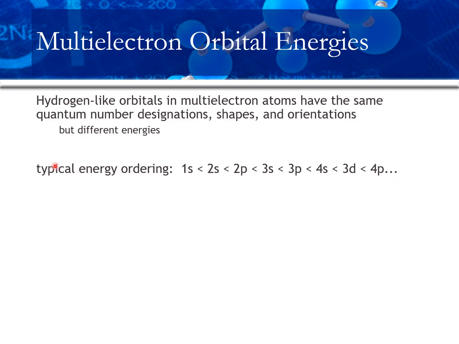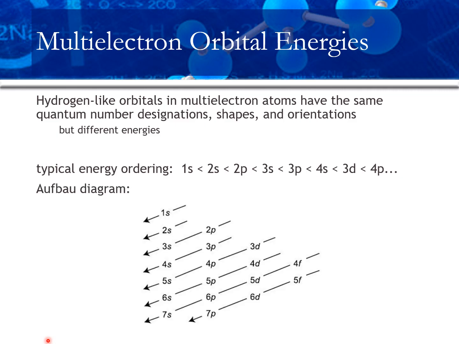But we do have a mnemonic device called the Aufbau diagram, which will help you remember the correct energy ordering. Draw all possible s subshells in one column, and then in the second column, draw all possible p subshells. Starting with the third row, draw all possible d subshells in the third column.